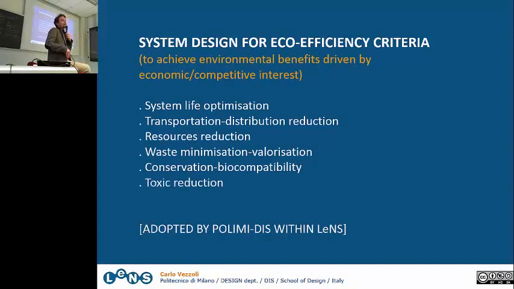You remember these are quite similar to the criteria that we saw for product lifecycle design. There are some differences because we are speaking, for example, about system life optimization, not product. Because when you're thinking about a product, you have just one product. On a system, you may have several products, and you have to think about the optimization of the overall sum of the products that are part of the system.